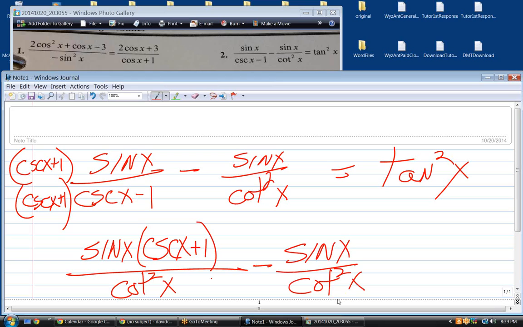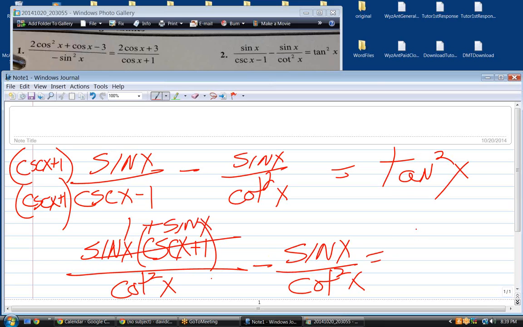Well, what is sine times cosecant? Sine squared. Or no, 1, sorry. In other words, whenever you take a trig function times its reciprocal, it's always 1. Yeah. So when I multiply this out, I get 1 plus sine x minus sine x.